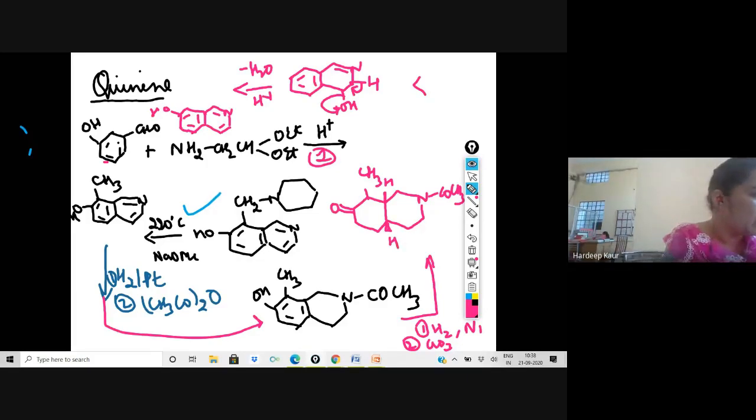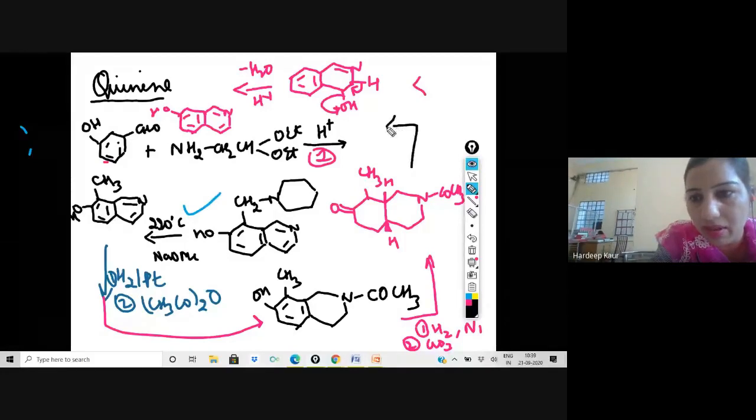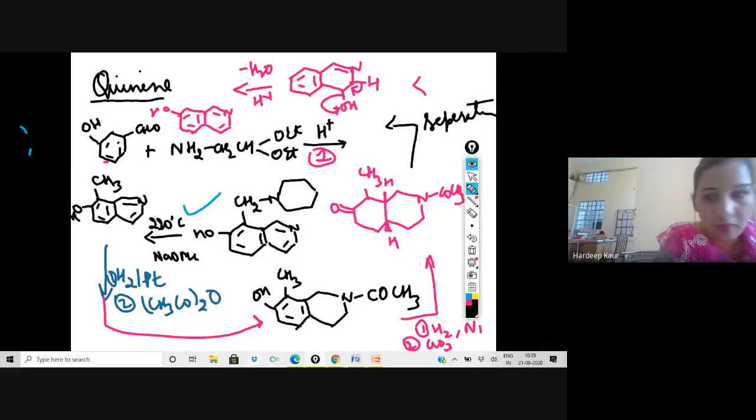Okay. So as this product is optically active, we will purify it and separate the products. So this is a racemic mixture. Then we carry out the separation. Okay.